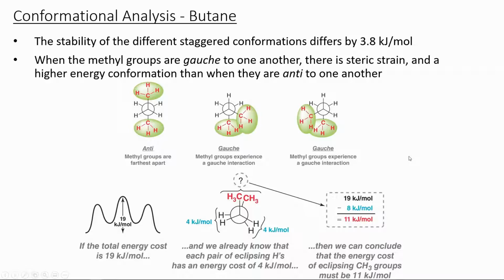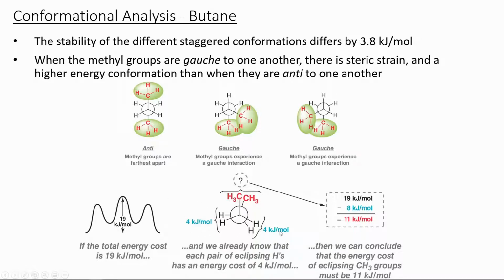And so we can go through and calculate the energy difference of each of these interactions. For our anti interaction, with the methyl groups furthest apart, we decided that was the best. For our gauche interaction, we have the two methyl groups directly next to each other, but still 60 degrees apart. The total energy cost for the highest conformation was 19.